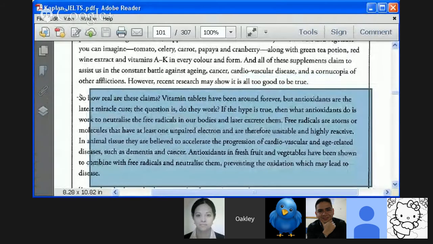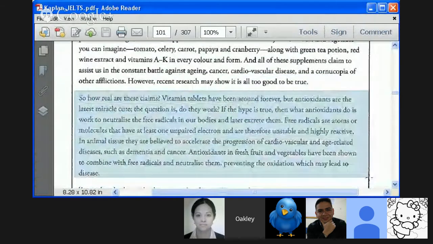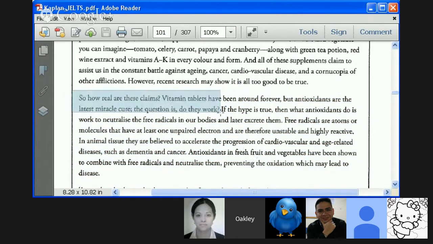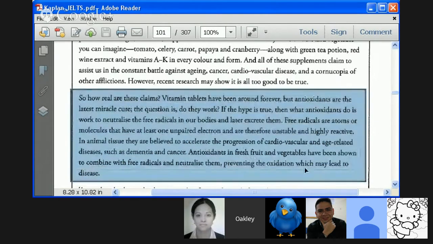All right, let's do a really super quick scan. Let's see what word shows up here over and over again. I'm just trying to get an idea of what the paragraph is about, so when it's time for me to search for specific information, it might give me an idea.